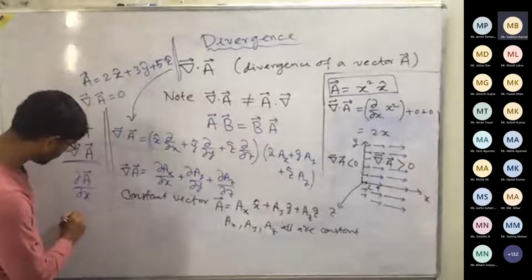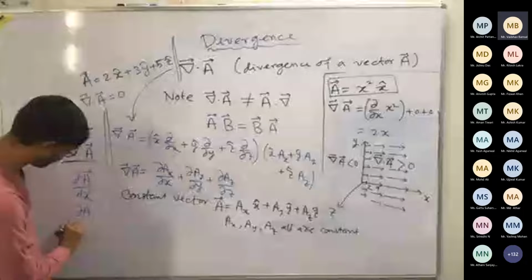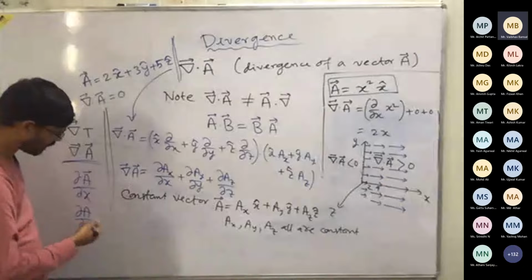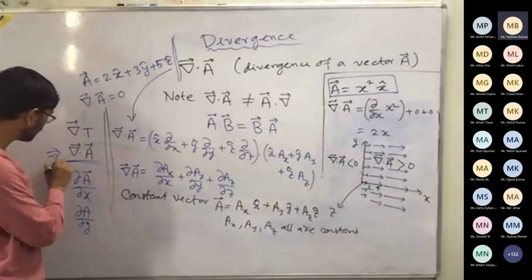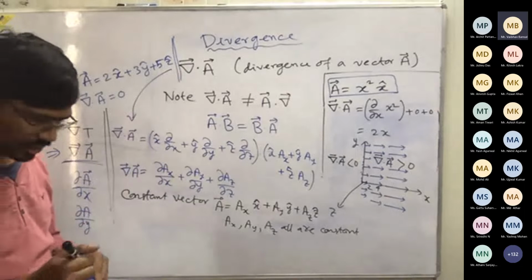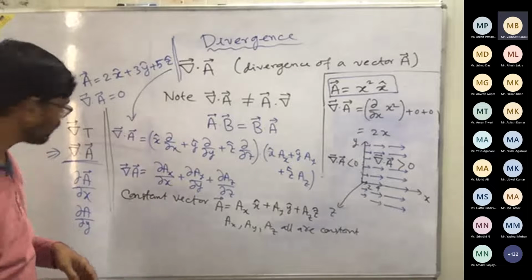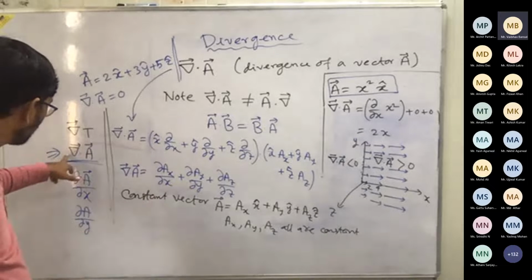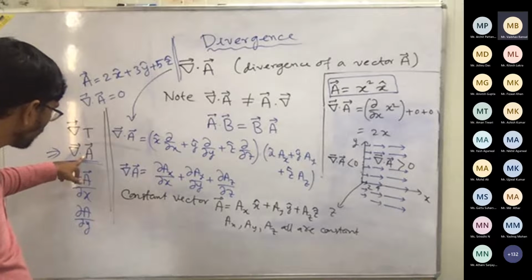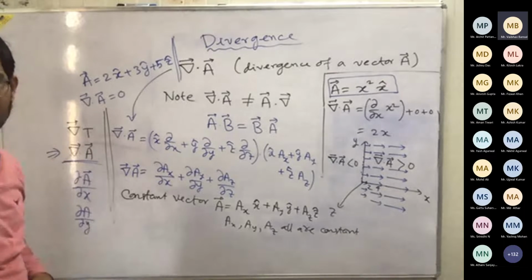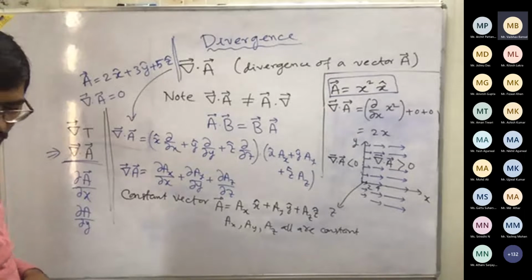You can compute del A by del y also, and del A by del z also. But this one is actually giving the change of this vector along all directions.